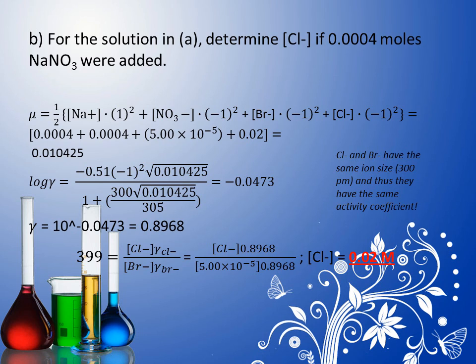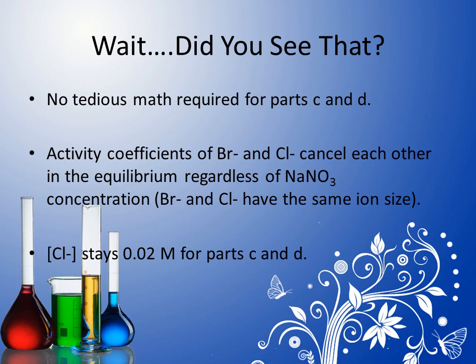When we plug it into the equilibrium equation, we notice that the activities cancel each other. So we're just left with Cl- and the concentration of Br- 5 times 10 to the negative fifth. If we solve it, we just get the concentration of Cl- equals 0.02 molar again. So, wait, did you see that?